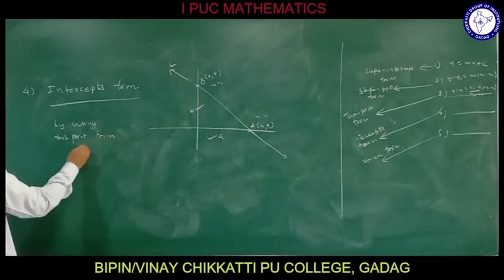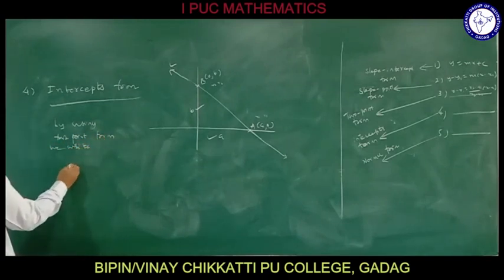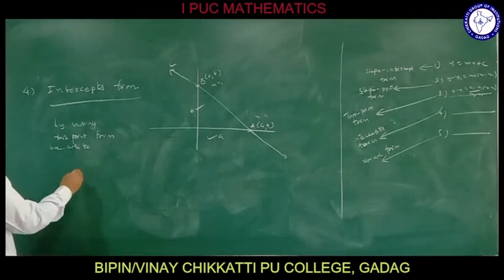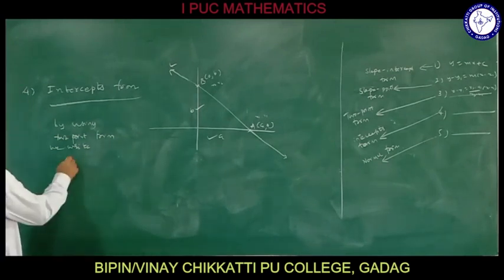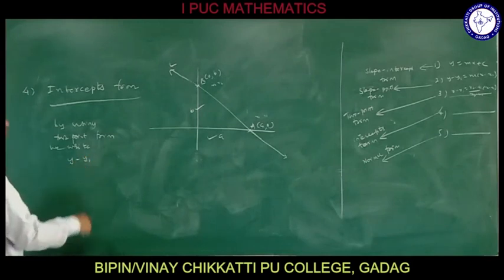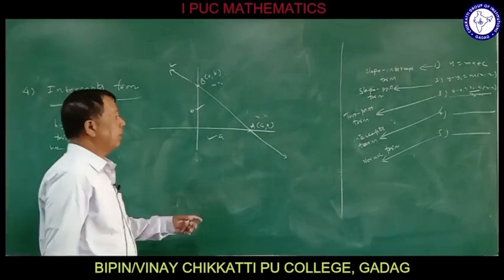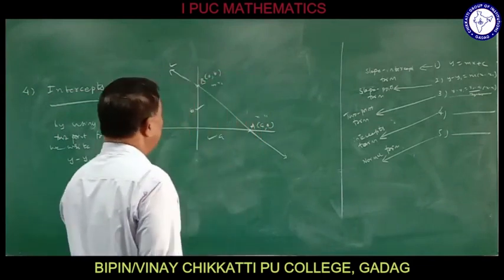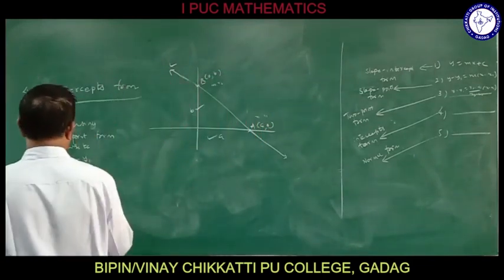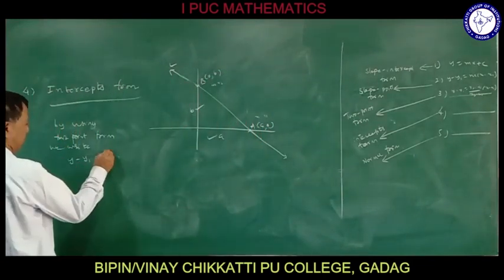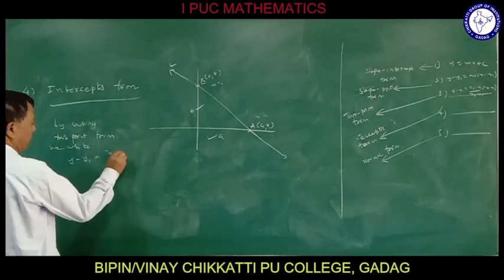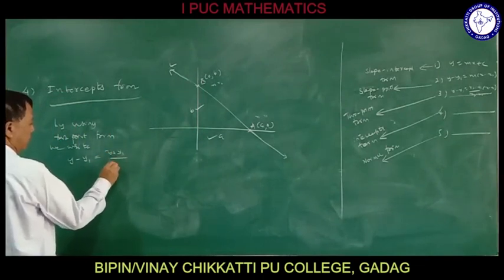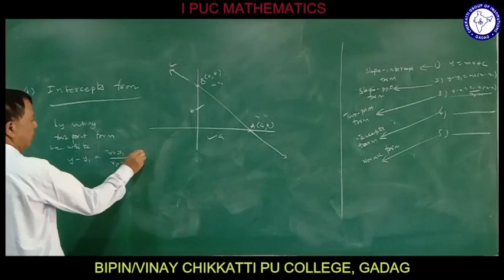So by using the 2-point form, we write, the formula says y minus y1. Accordingly, y minus y1 is equal to (y2 minus y1) divided by (x2 minus x1) into bracket x minus x1.